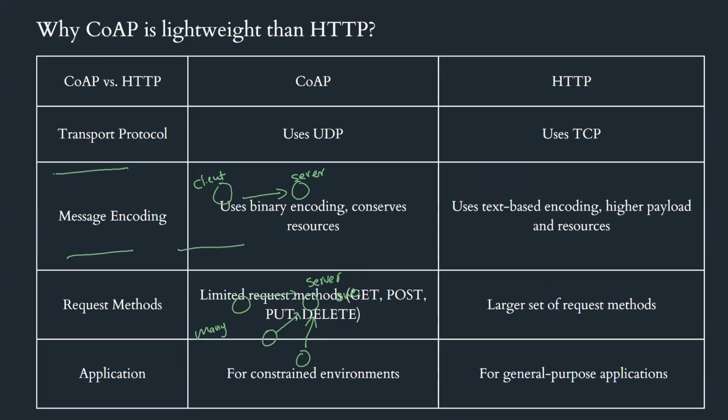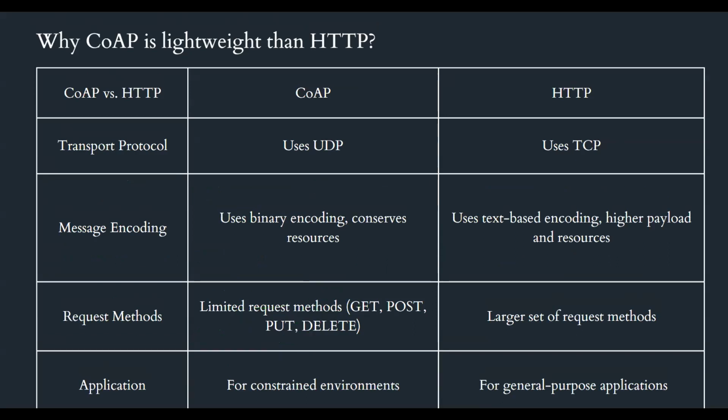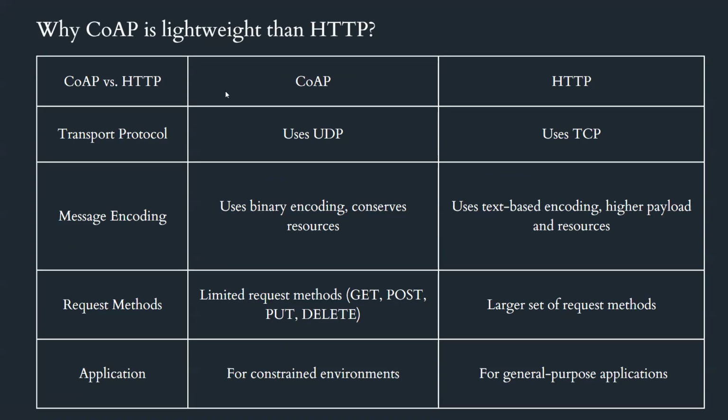So we can do a comparison between the CoAP and HTTP protocols. Because the CoAP protocol is also used to access websites, we can compare it with HTTP, which is a similar protocol used to access websites. The basic difference with respect to the transport protocols is that CoAP is working over the UDP protocol, which is a connectionless protocol.